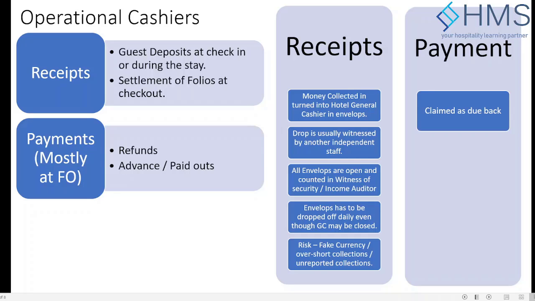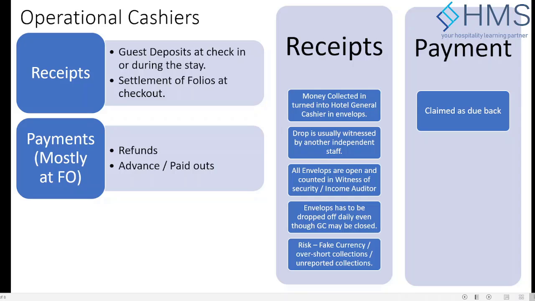The process is that you have to claim a due back from the general cashier. When you pay the money, you have to submit a due back form and request the money from the cashier. The cashier will check with the income audit and with the system whether the money has actually been paid.